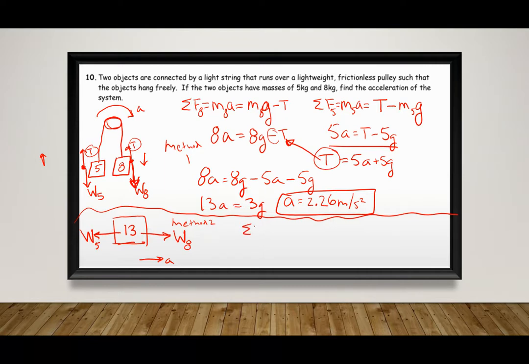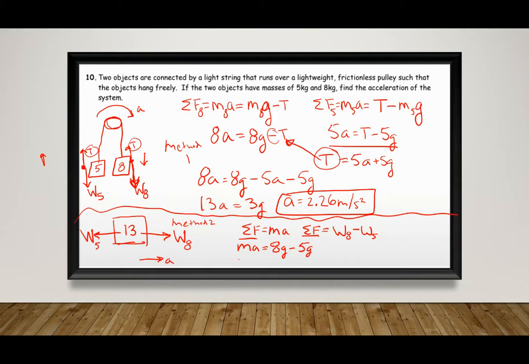So we know that the sum of forces is equal to mass times acceleration. The sum of forces is also equal to weight 8 minus weight 5. So when I substitute here for my sum of forces, I get my mass times a is equal to 8g minus 5g.